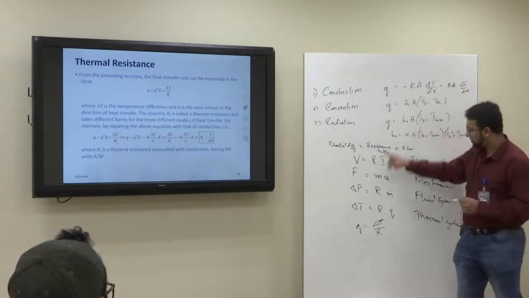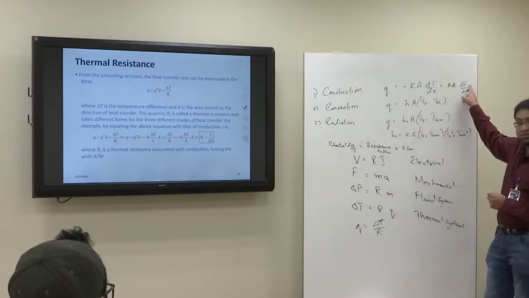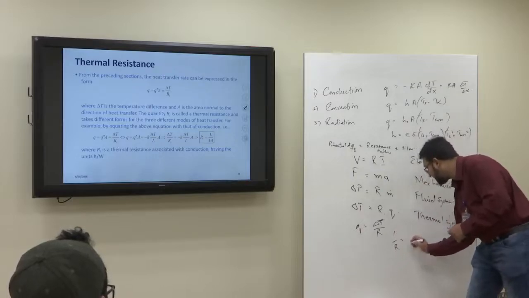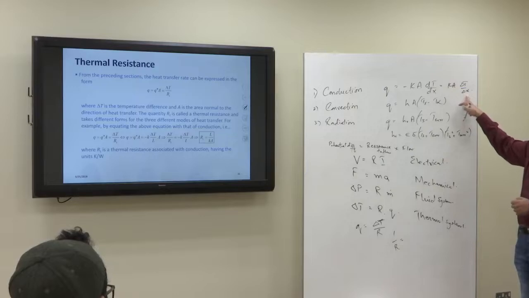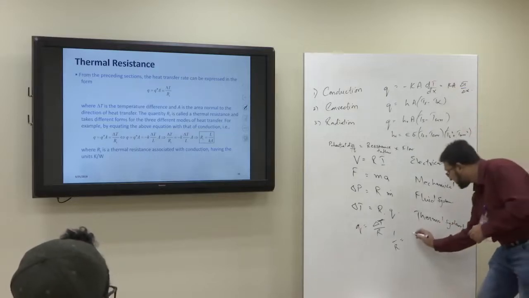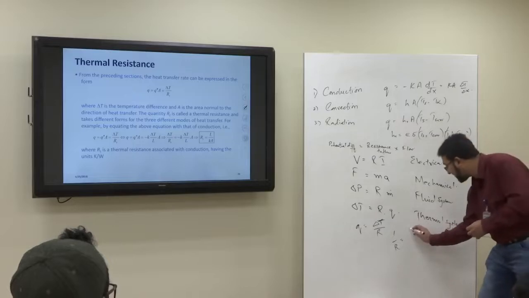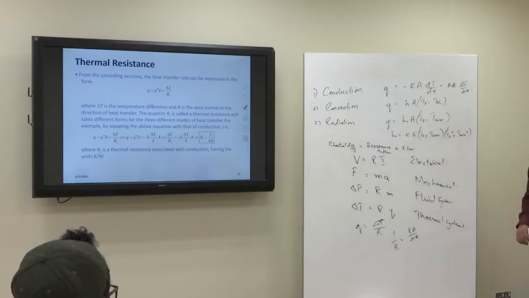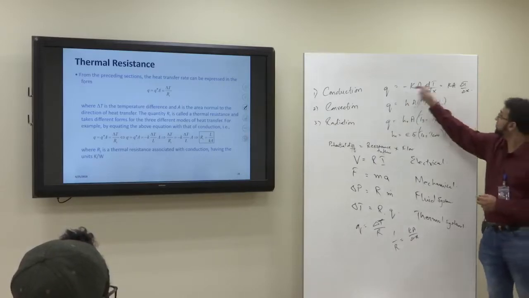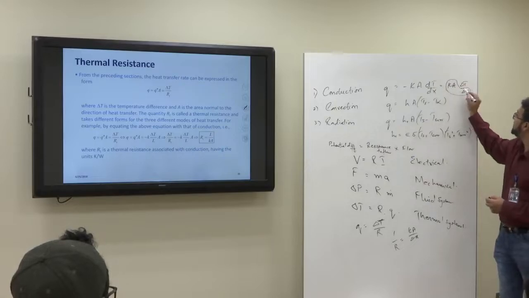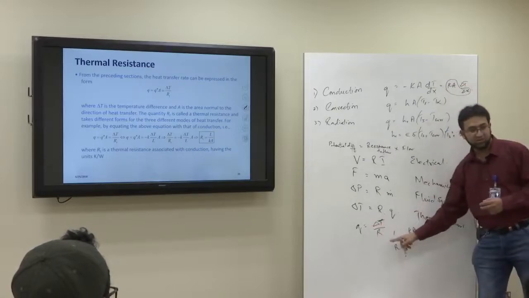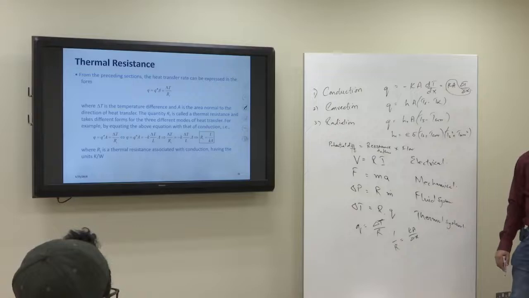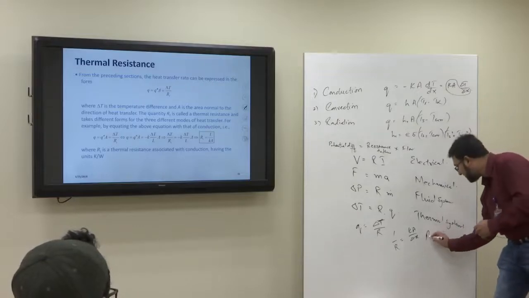So Q is there, delta T is delta T. What will be 1 upon R? Here we have 1 upon R, so 1 upon R will be KA over delta X. Because this is Q, this is delta T, Q equals delta T upon R. So 1 upon R will be KA upon delta X. So what will be R?